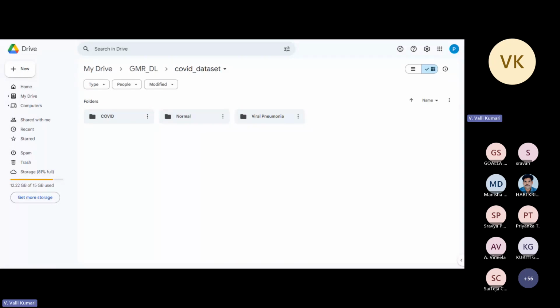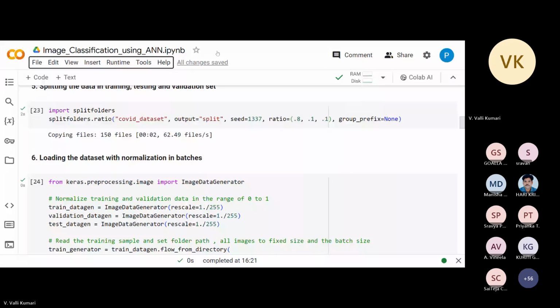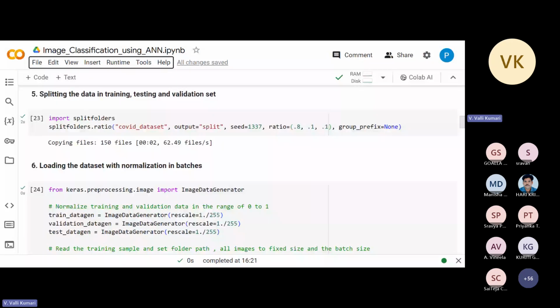I have used a seed of 1337 and have split all the data into 80, 10, and 10 for training, validation, and testing. So I've taken the COVID data set and split it into 80, 10, and 10.